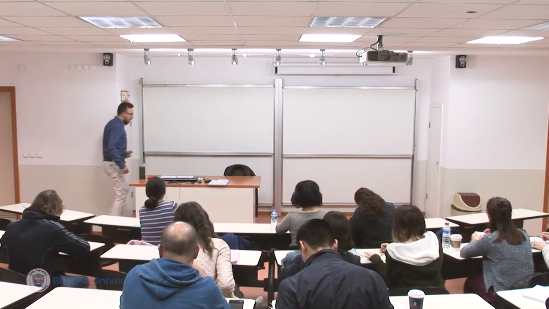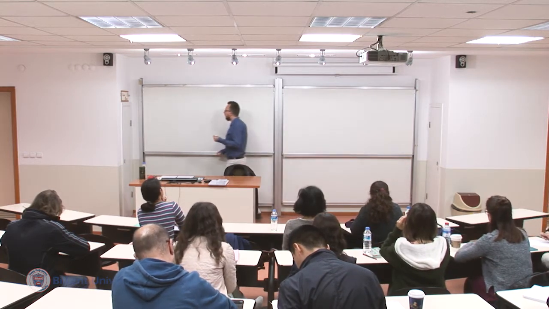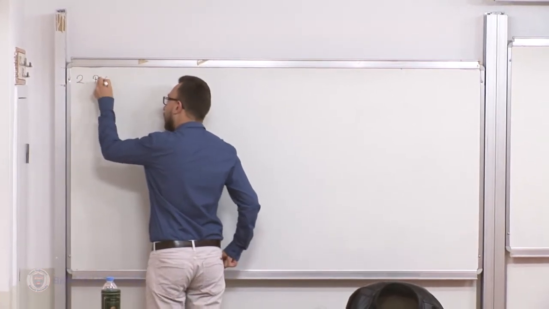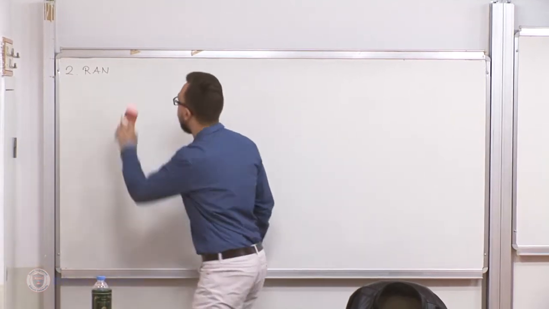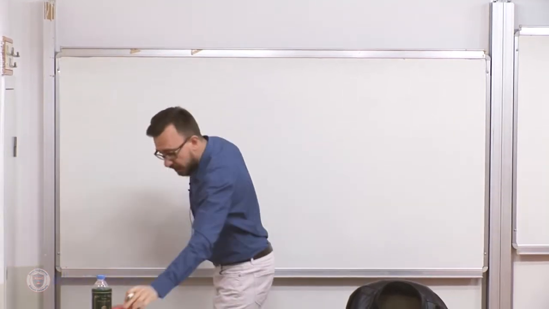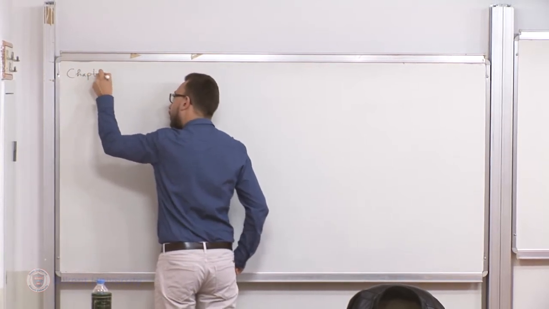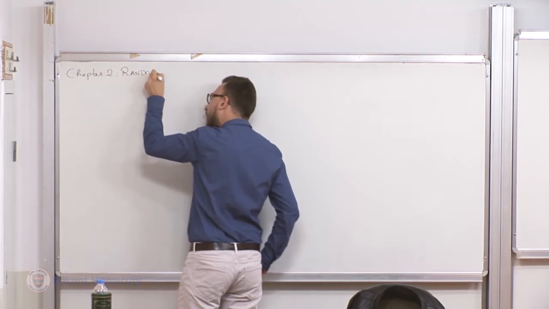Okay, welcome back. We are starting a new chapter today, random variables. So this is our, maybe I should have said chapter 2. It's not a section. Chapter 2, random variables. It's a long chapter.